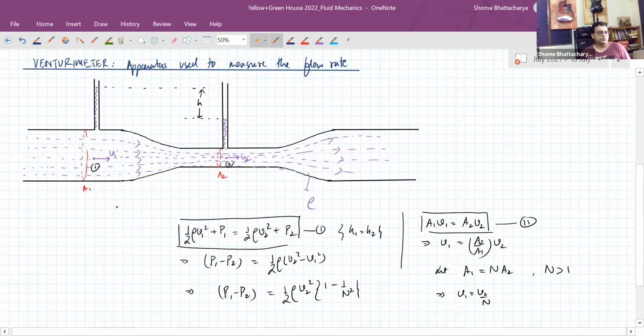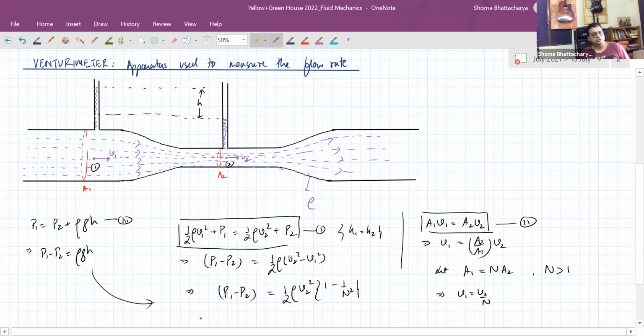Now we can also see by comparing these 2 points with respect to the vertical column that P1 is equal to P2 plus rho g h. This height difference is h. So this is coming from our vertical pressure gradient. So this pressure difference is rho g h.